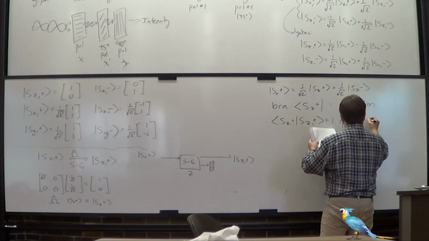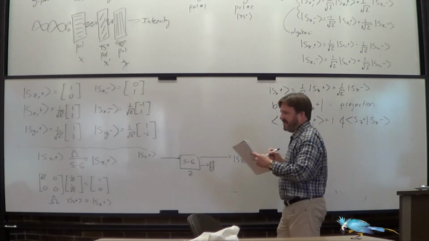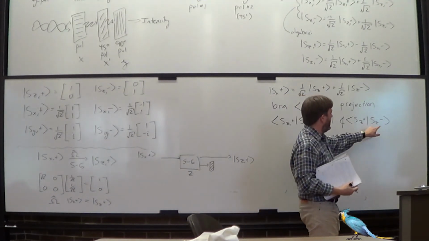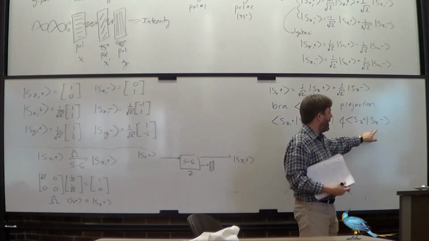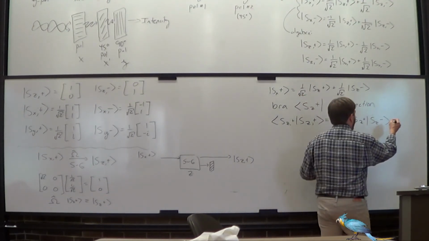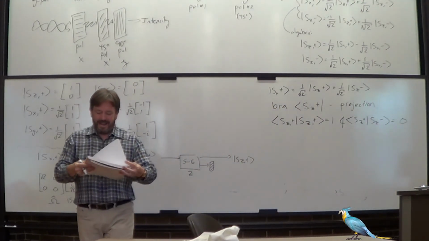SZ plus, let's project the SZ minus state onto the SZ plus state. How much of this state is in the SC plus state when that original state is in the minus state? None, right? None of it is in that state. Okay.